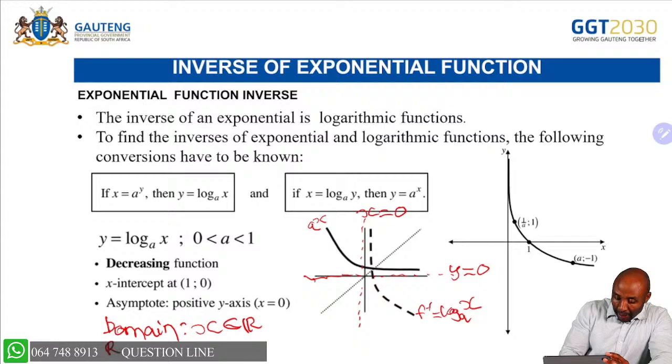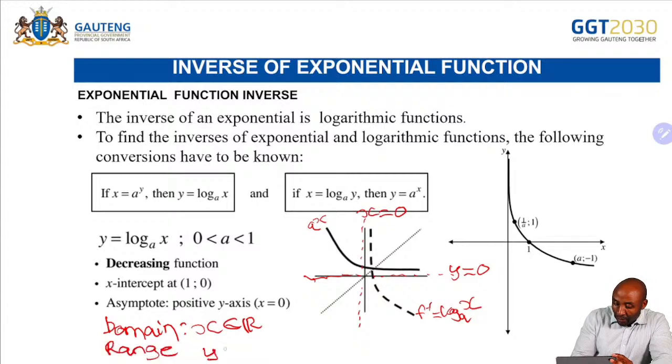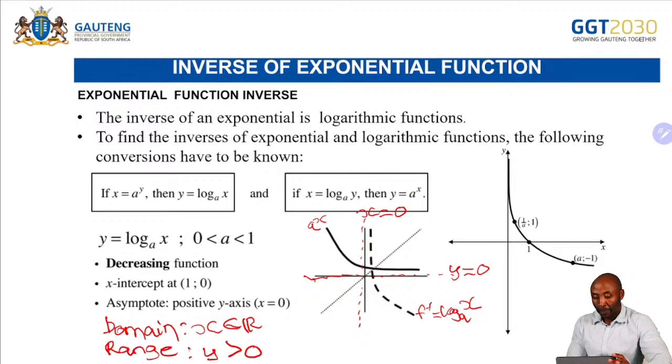But our range for the original function is y greater than 0, because our graph is not defined on the negative side of our y values. Hence, our range will be y greater than 0 there.